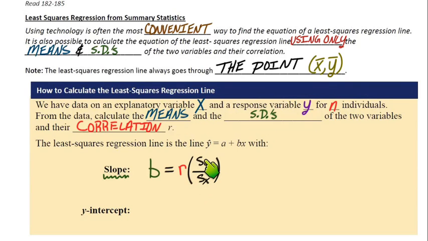So that's the standard deviation of the y variable over the standard deviation of the x variable. Don't worry about trying to calculate those individually. Those will be given to you, and you just have to show you could come up with the b value. Okay, so that's for the slope.